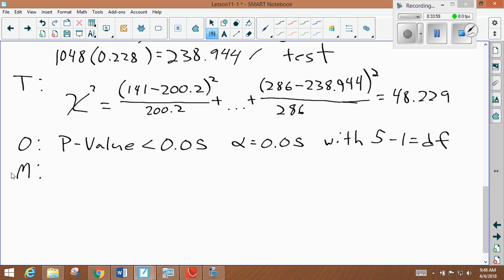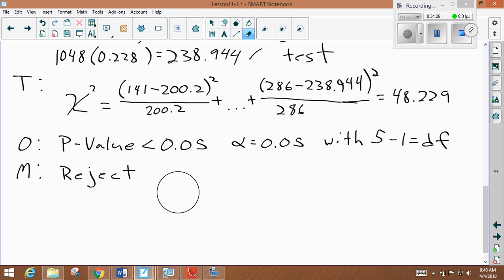And this p-value is telling us the probability that they are indeed the same given this particular data that we have, right? So we're going to say they're not the same, right? The probability that they are the same based on the data that we have is very low. So we're going to reject the null hypothesis. Okay? So we're going to reject the null hypothesis, and then we're going to state our answer in context.